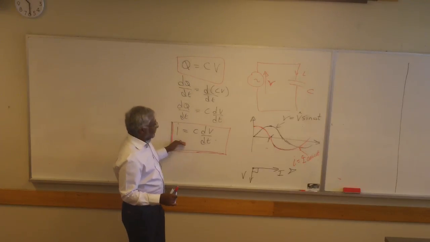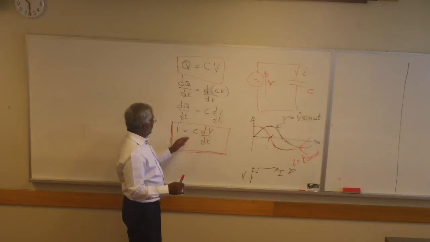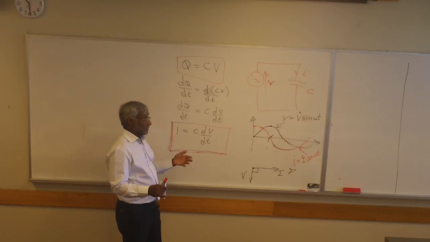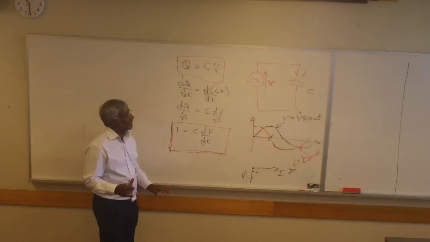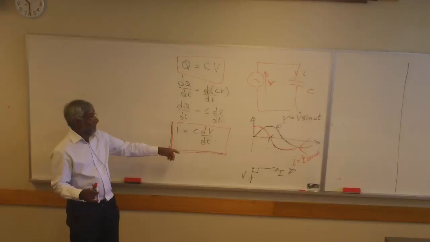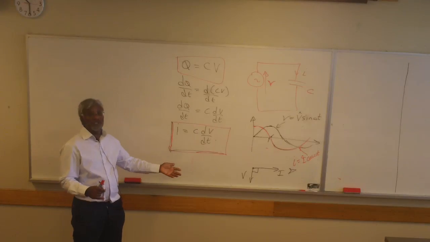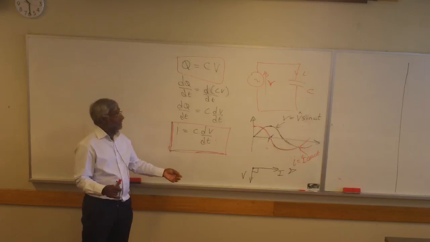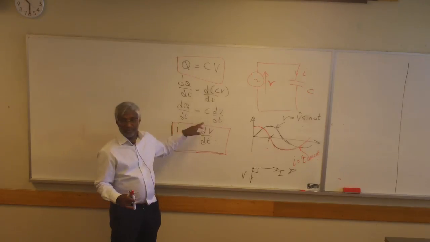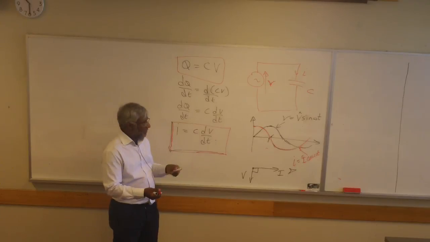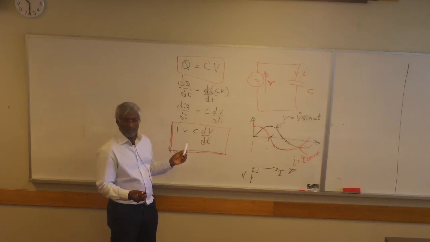And from current, if you plug in a voltage that is a sinusoid, you will get a current that is a cosinusoid, giving you that 90-degree phase shift. So the full story of capacitance is actually just here. Here is everything there is to know about a linear capacitance, because we have assumed that it's a constant. Okay, so any questions about capacitance before we move on to inductance?